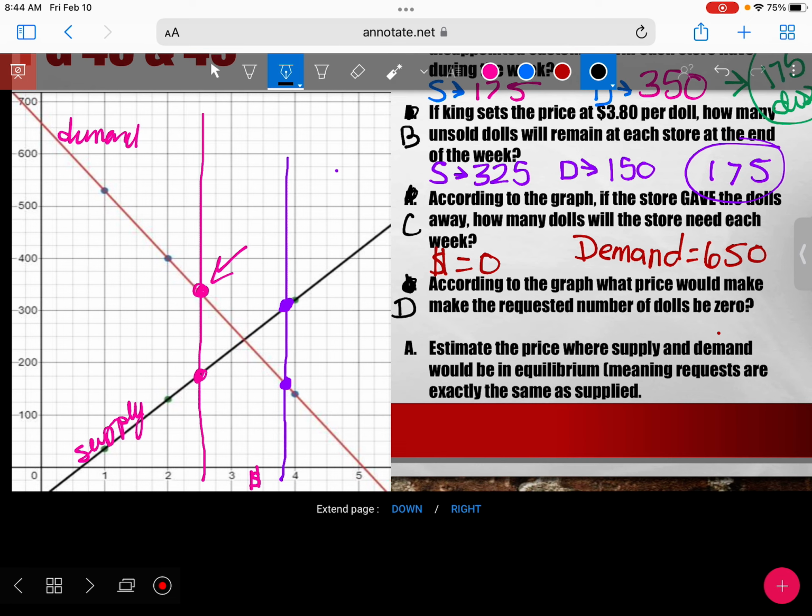So look at your demand line. How expensive does it have to be for nobody to want the dang thing? So it's going to be way over here, like $5.25, $5.10-ish. Something above $5. Let's go $5.25, just because I can.